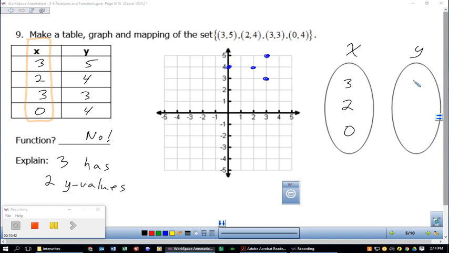So we're going to go and write these over here. We have 5, 4, 3, and we've already written 4, so I'm only going to write it once there. So 3 matches up with 5, 2 matches up with 4, 3 matches up with 3, and 0 matches up with 4.